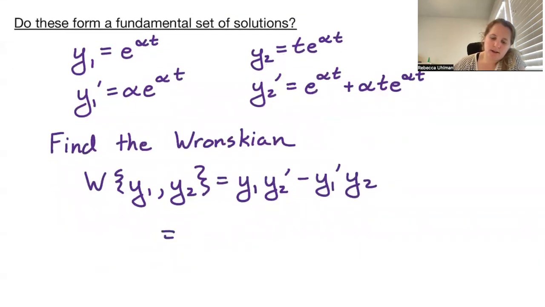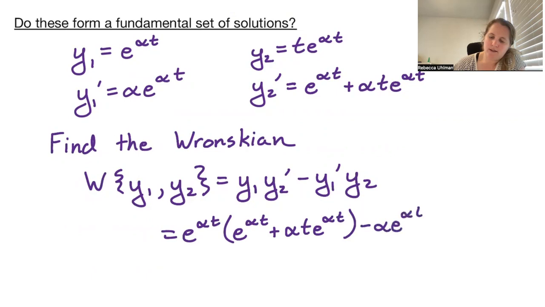So we are looking at e to the alpha t times e to the alpha t plus alpha t e to the alpha t, minus alpha e to the alpha t times t e to the alpha t.